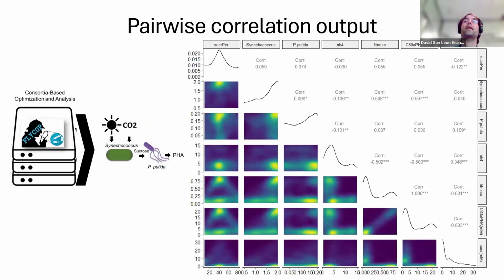And what is the output? At the output, you will have, of course, the best solution, and it's also nice to have the rest of the points that you were searching, to understand if you can identify correlations between the different variables that you are using. For example, here we can see that, of course, the PSA production is correlated with the carbon that you have, which is quite expected.